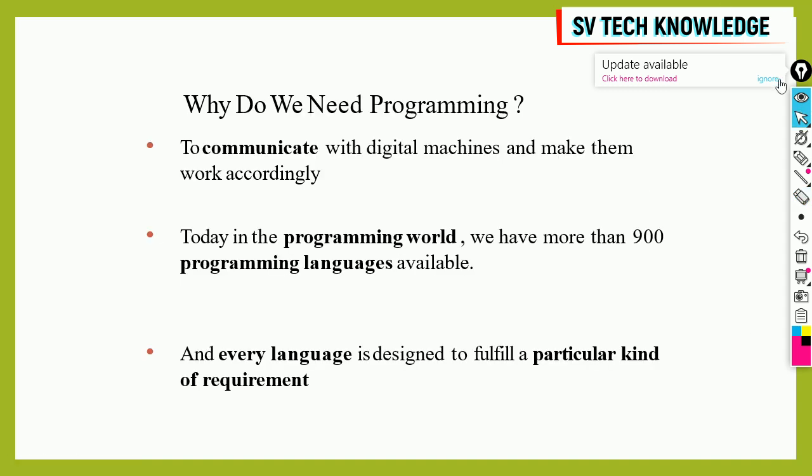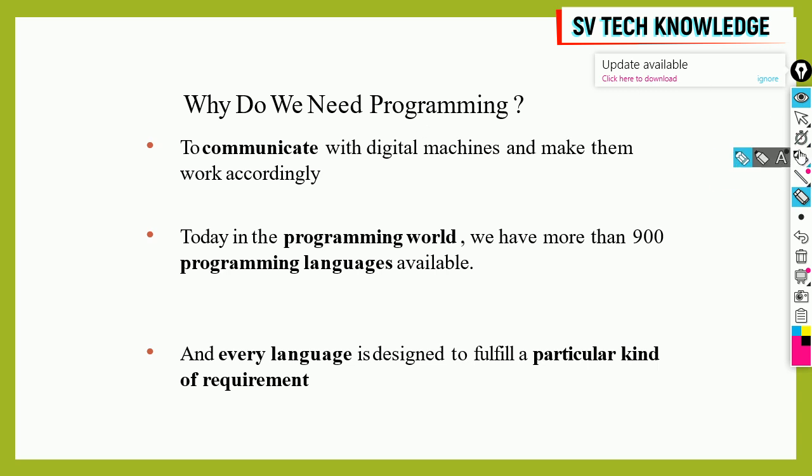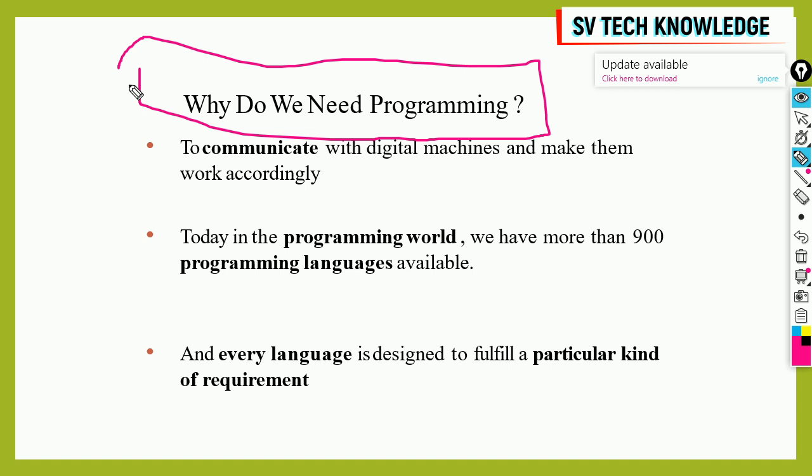So why do we need programming? What is the purpose of learning any programming language, either C language or C++ or Java or Python, anything? You are learning these programming languages to communicate with digital machines and make them work accordingly.